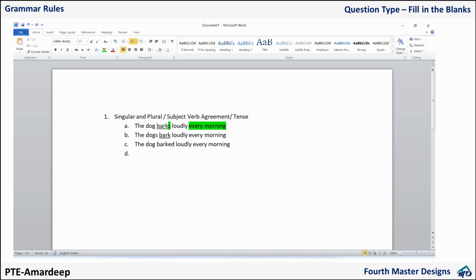Yes, he barked loudly every morning till something happened. It depends on the context. So even this is also correct. You need to keep all these rules in mind. Well, it's not a rule you need to keep; you have to take care of singular, plural, subject, verb and tense in mind.